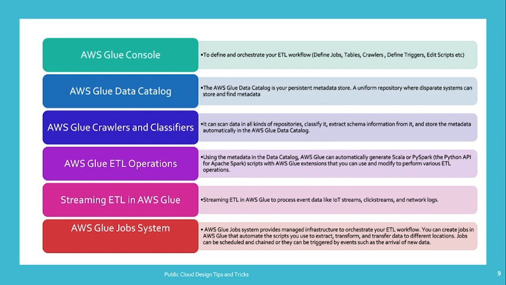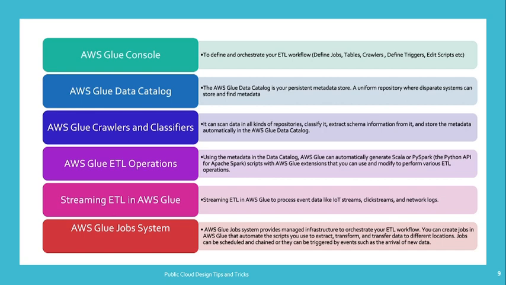The AWS Glue data catalog is your persistent metadata store, a uniform repository where your disparate systems can store and find metadata. AWS Glue crawlers and classifiers can scan data in all kinds of repositories, classify it, extract schema information from it, and also store the metadata automatically in the AWS Glue data catalog.